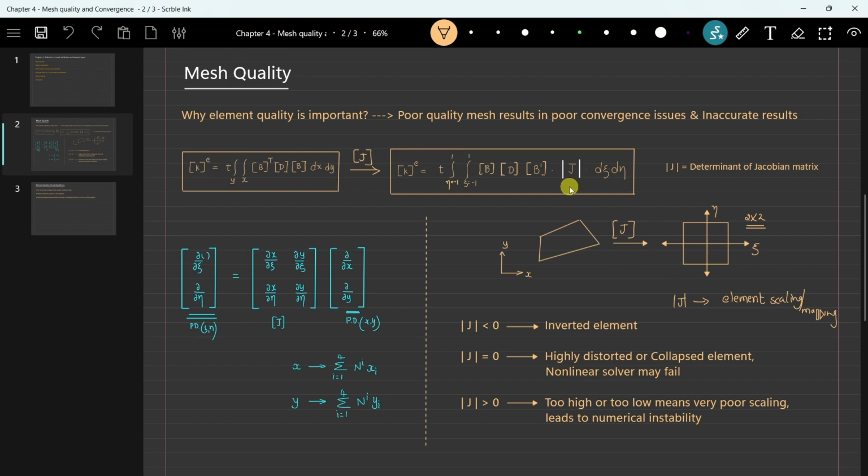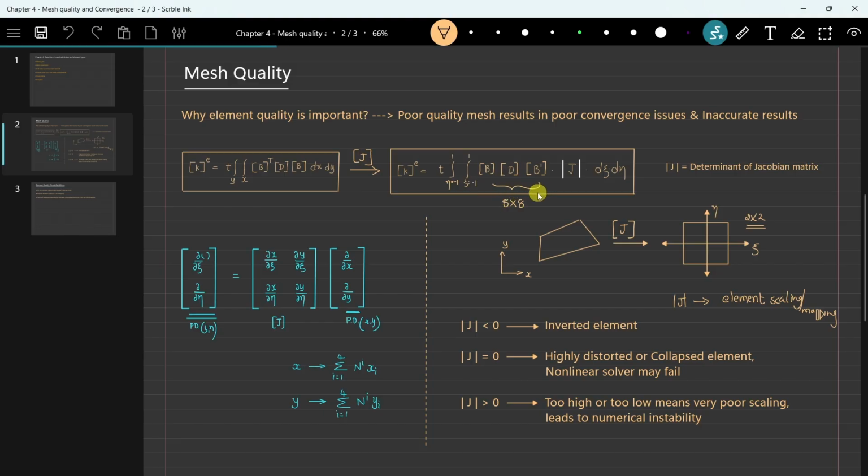And J is also used in numerical integration of this element stiffness matrix, right? This J will go into, for example, this first order quadrilateral element. We have seen this is an 8 by 8 matrix. So this J will go inside the matrix, and it will also multiply with each term in the 8 by 8 matrix.